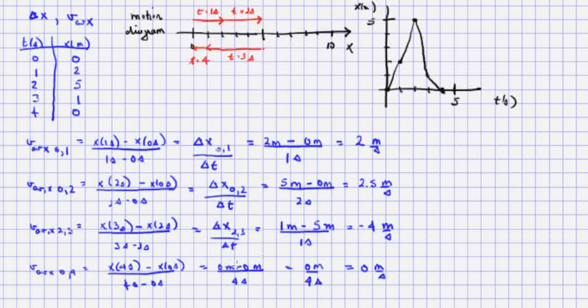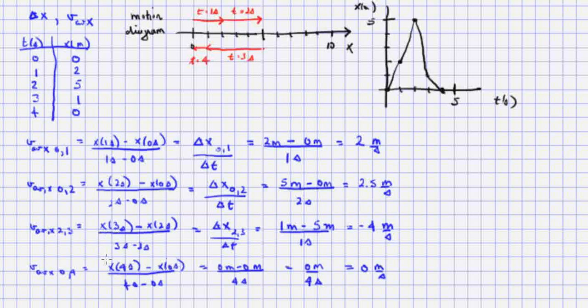And so let's look at this particular one, x of 4 seconds minus x of 0 seconds. That's a 4 and that's a 0. Let me do this in another color so I can emphasize something. I'll switch to maybe magenta here. So this numerator right here, x of 4 seconds minus x of 0 seconds, we can rewrite like this.